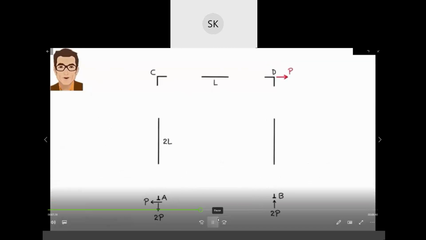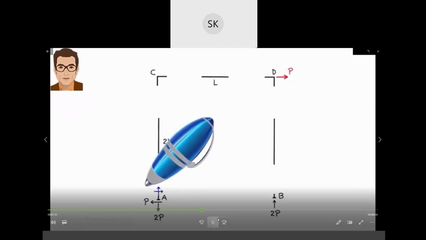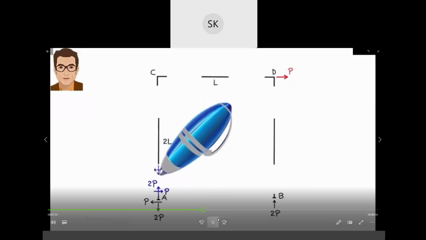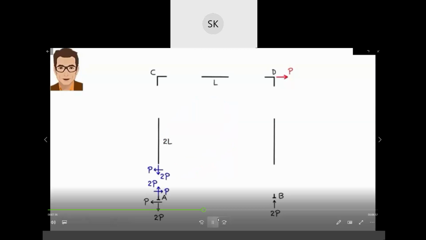Let's start with member AC. We know the forces at A, so we can apply the equilibrium equations to the entire member in order to determine the forces at C. That is, for AC, sum of the forces in the x direction must be 0. Sum of the forces in the y direction must be 0.